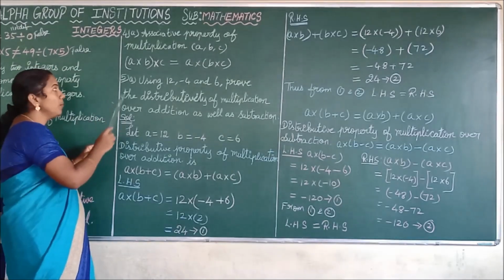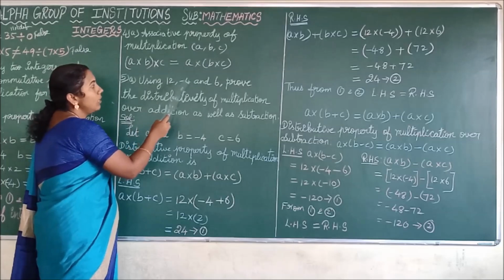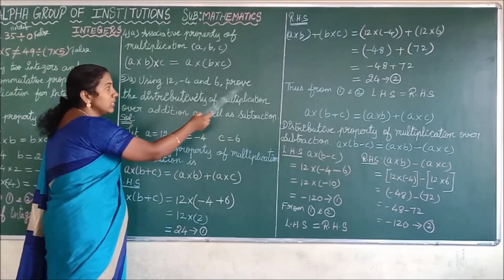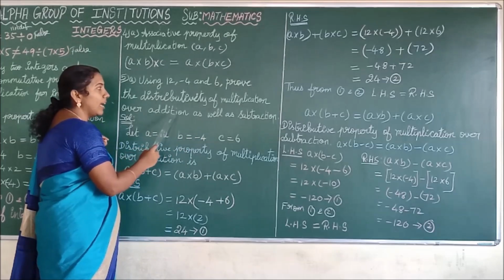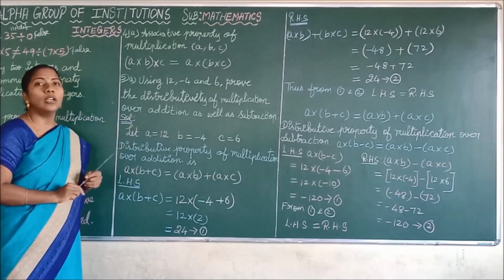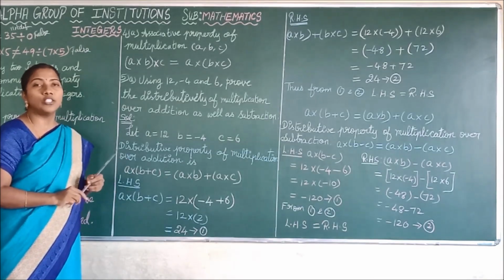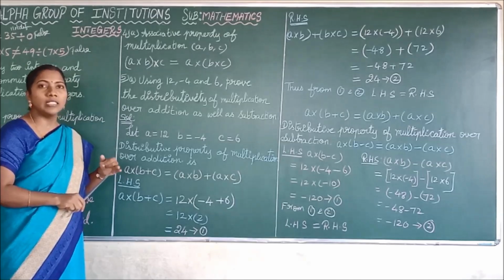This is your class sum. Fifth sum, subdivision A. Using 12, minus 4 and 6, prove the distributive property of multiplication over addition as well as subtraction. That is, they are asking us to verify the distributive property of multiplication over addition as well as subtraction.